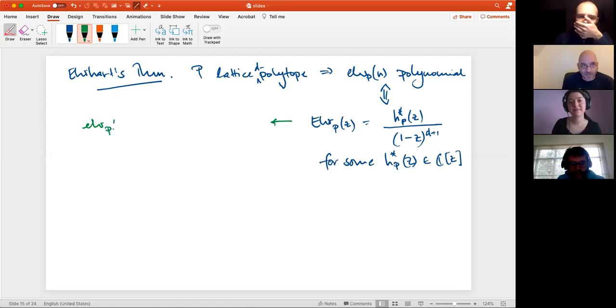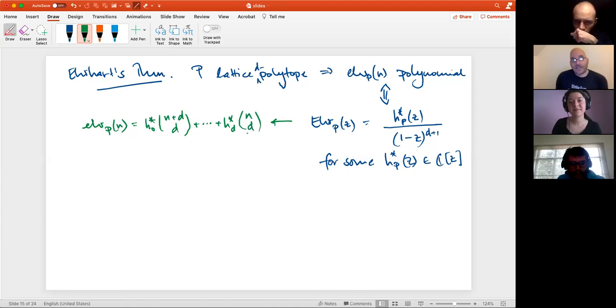If you write the Ehrhart polynomial in my third basis from yesterday, n plus d choose d, down to n choose d, then those coefficients are the coefficients from this numerator polynomial.